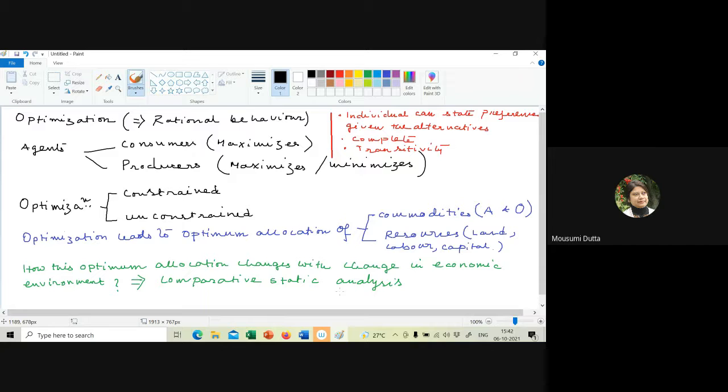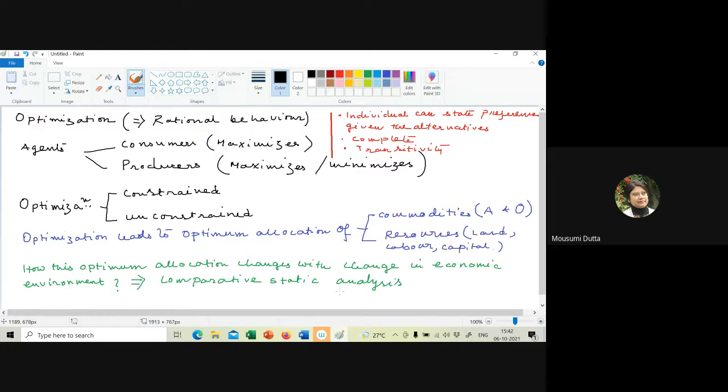So the individual agent will optimize, and that will be considered rational behavior. However, as we go on, we will understand there are many things in rational behavior. To begin with, we are considering optimization equivalent to rational behavior.